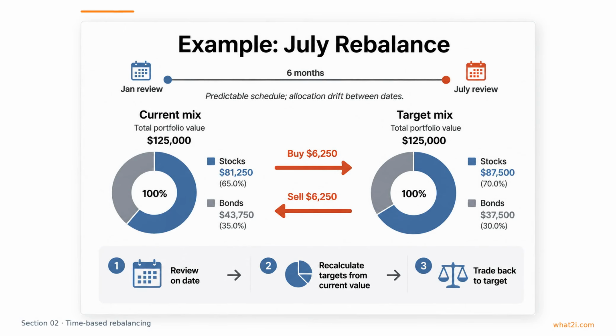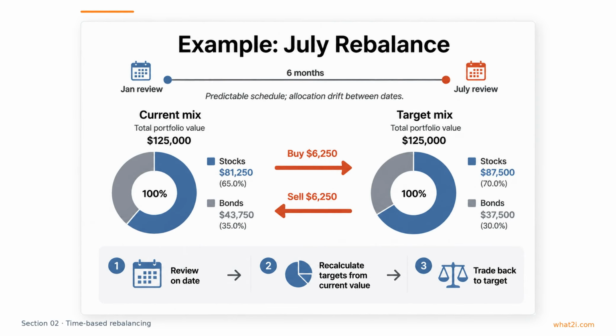6 months later, the same portfolio is reviewed again. Its value is now $125,000, with $81,250 in stocks and $43,750 in bonds. Because the total portfolio value has changed, the target amounts also change to $87,500 in stocks and $37,500 in bonds.